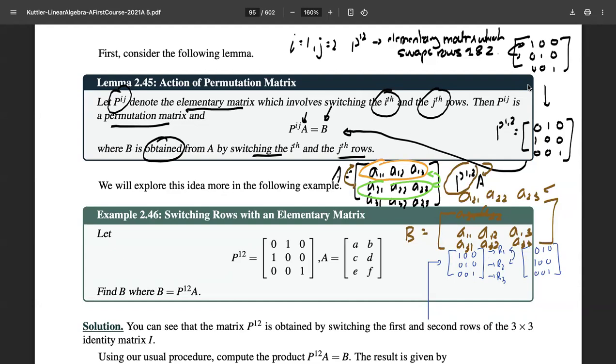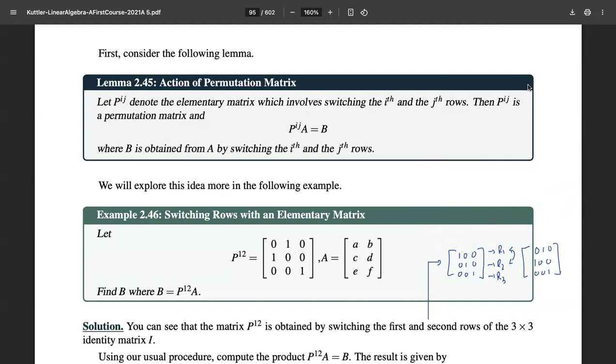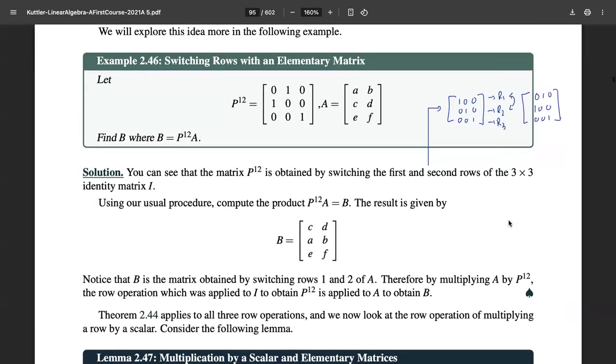And that's what we are going to do in example 2.46. This is the permutation matrix that we derived earlier. We swapped the first and second row of the identity matrix. After swapping rows 1 and 2, we get this P12. Here A is a 3 by 2 matrix.